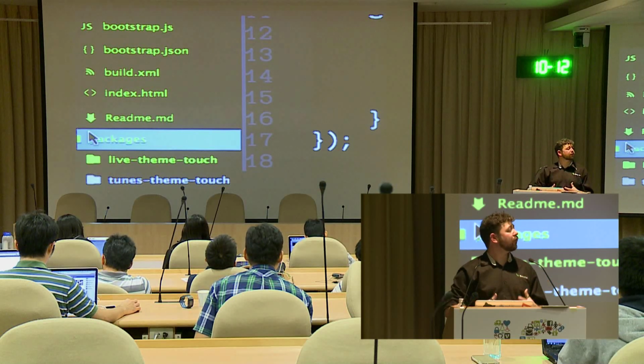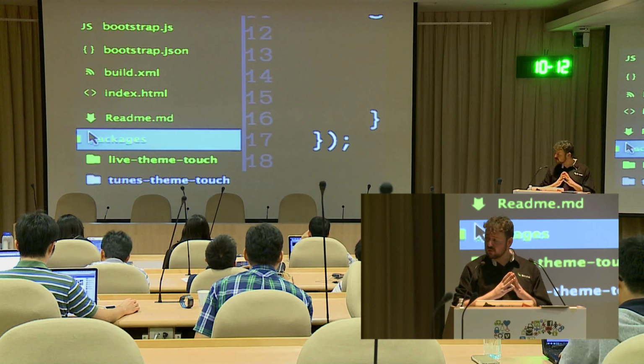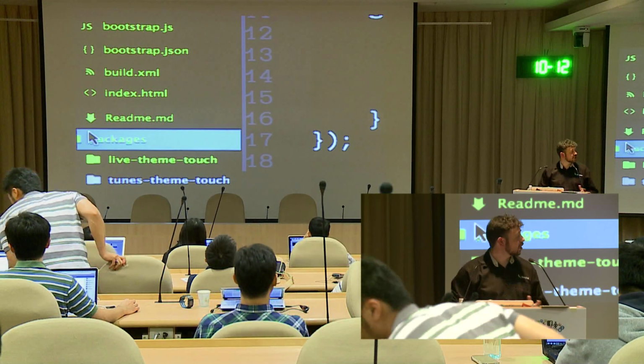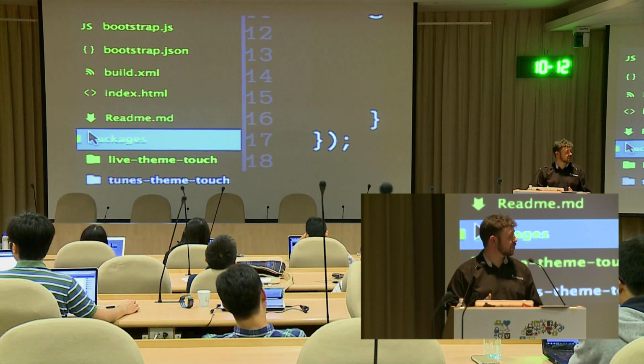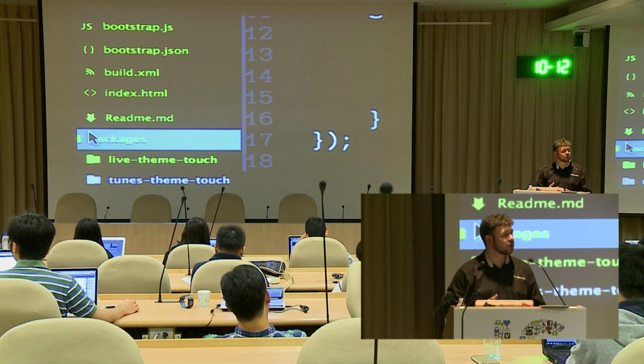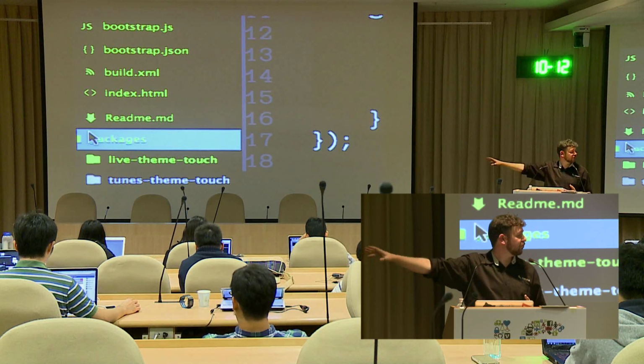So we only have to define how our applications should look like. This could be for our company, for our clients. We build a couple of applications, but we want them all to look alike, the same coloring, the same look and feel. So we just have to define it once.